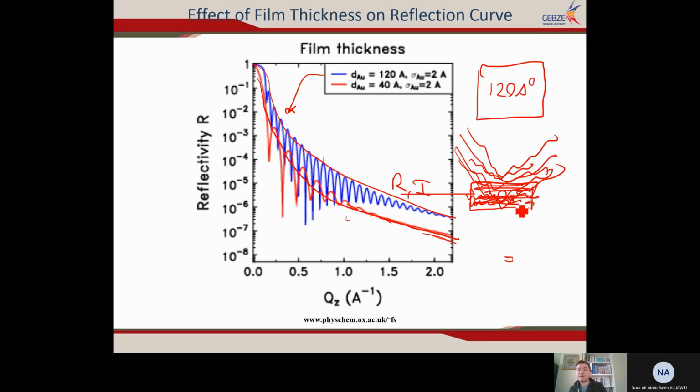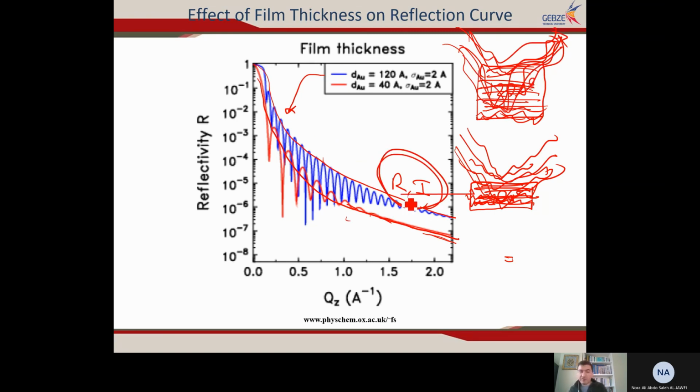So here, let's say you have 20 atomic layers, but here we have 60 atomic layers, many more than the thinner film. So this reflects more X-rays to the detector. Then the total reflected intensity going to the detector from the thicker gold film is bigger than from the thinner film.